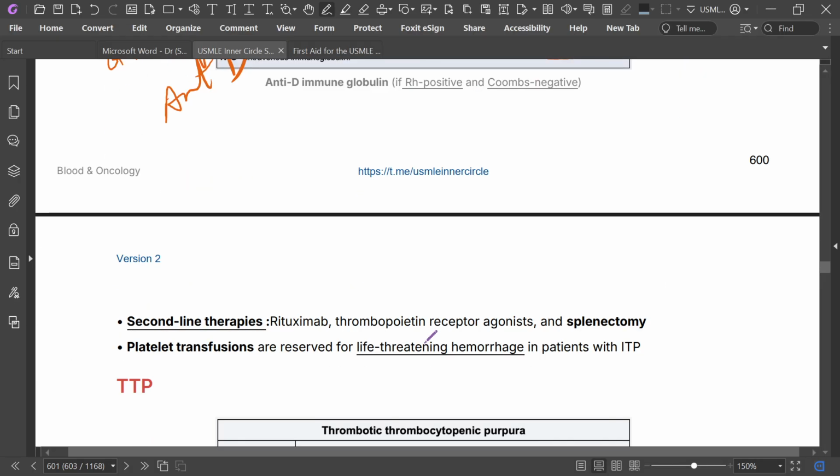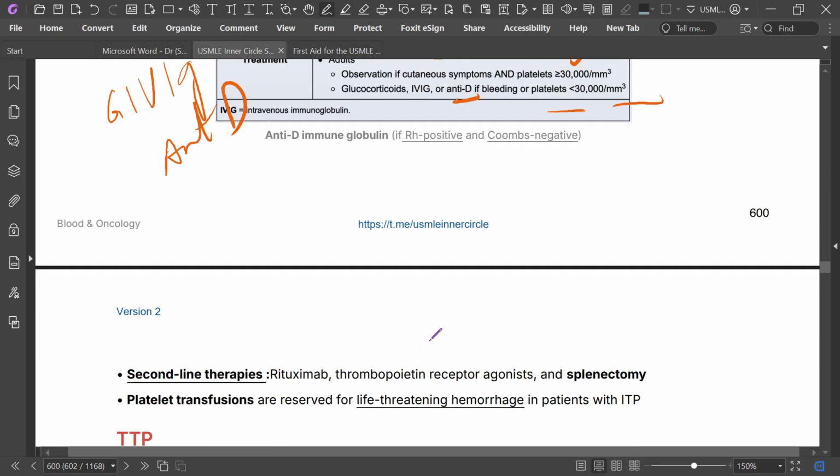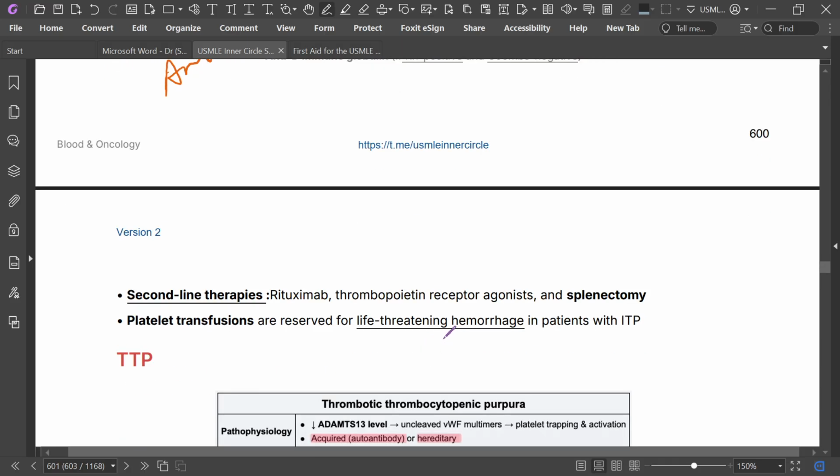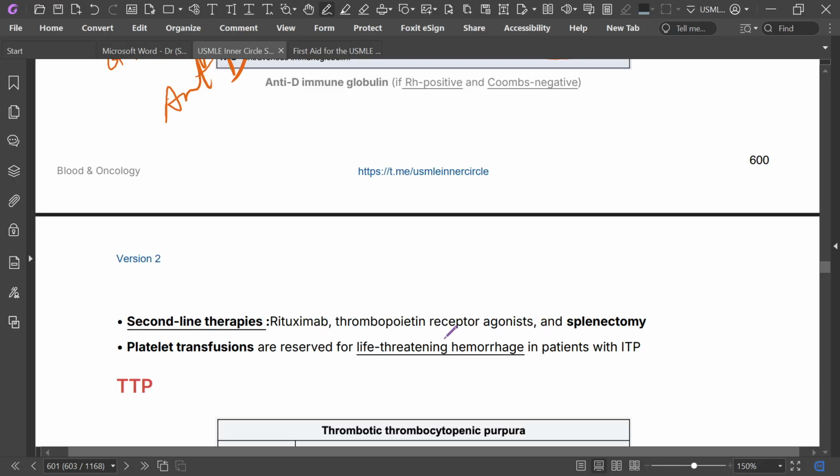First line is glucocorticoid, IVIG, and anti-D. Second-line therapy is rituximab, thrombopoietin receptor agonists, and splenectomy. Platelet transfusions are reserved for life-threatening hemorrhage in patients with ITP.